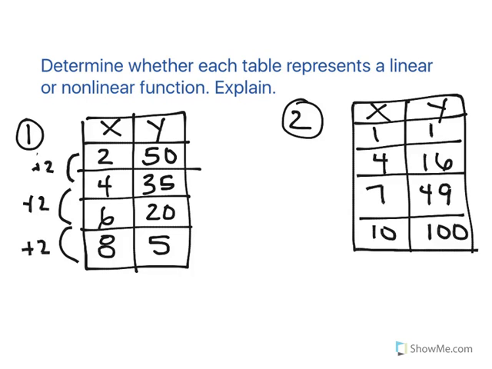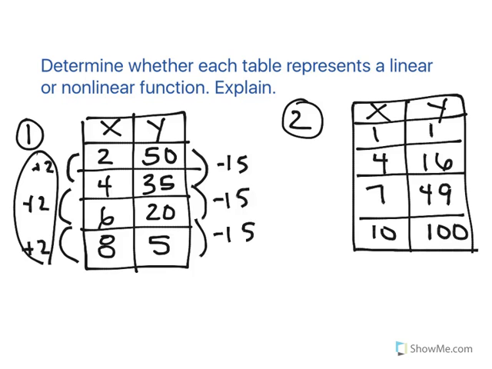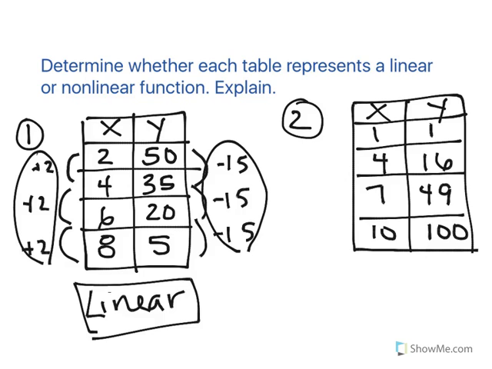Okay, let's see. It looks like I'm going down 15, down 15, down 15. Because we see a pattern on both sides, going up 2 and going down 15, because we see both patterns, it's linear. So if you see a pattern, you know it's linear.